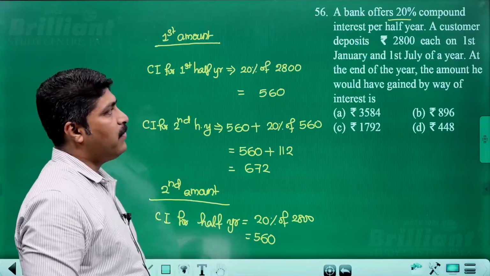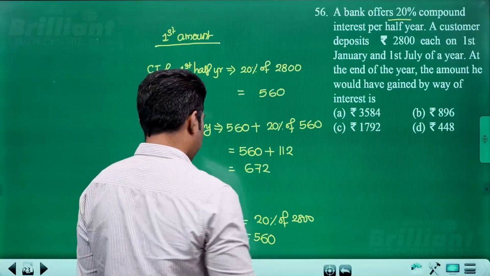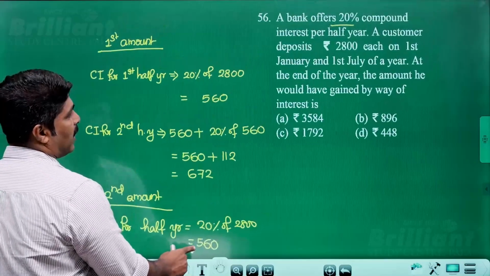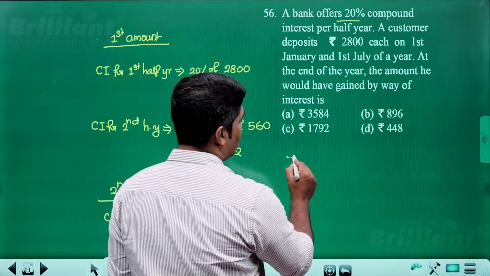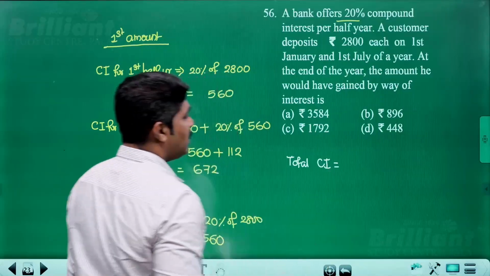We have to find out what is the net compound interest. Therefore, here we have to consider the total compound interest as per these steps of calculation. Which are the values here?